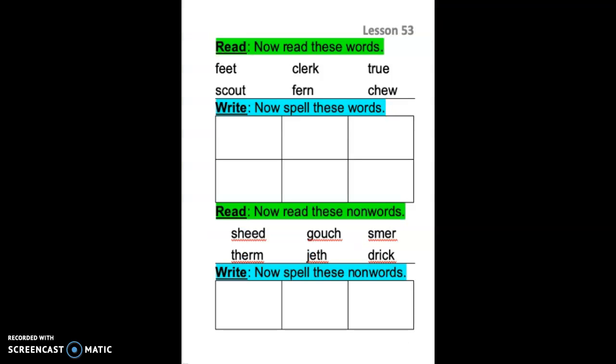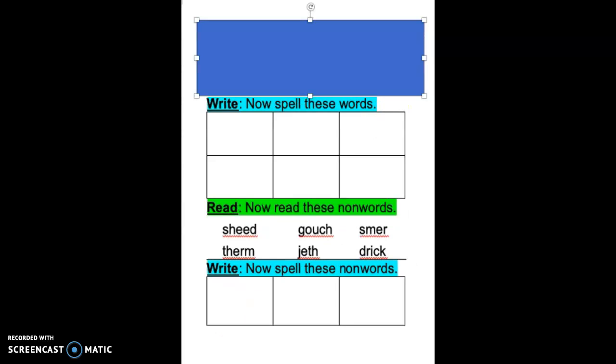Now read these words. Now spell these words. Bound. Next word, term. Term. Next word, sheet.